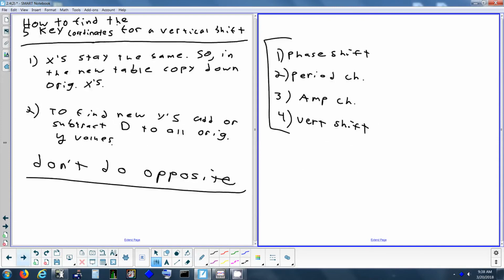Again, you don't have to be as concerned about the order, but that is the order you do them in. Okay, does everyone have the steps? 2 steps.